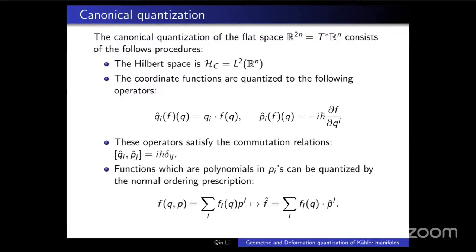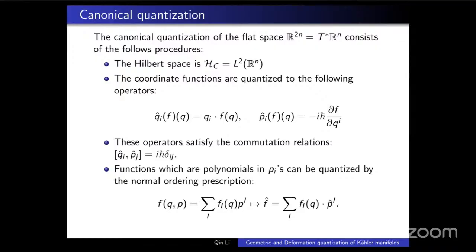And then the coordinate functions are quantized to the following operators. You have Qi hat acting on f, where f here is a function on Rn. That's simply the multiplication by Qi.